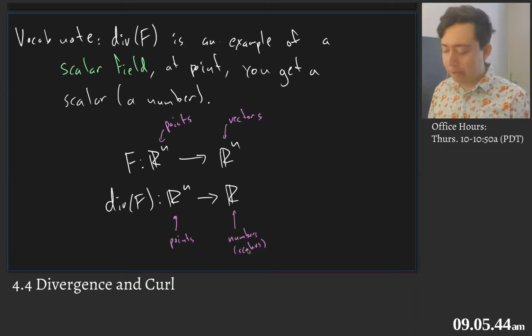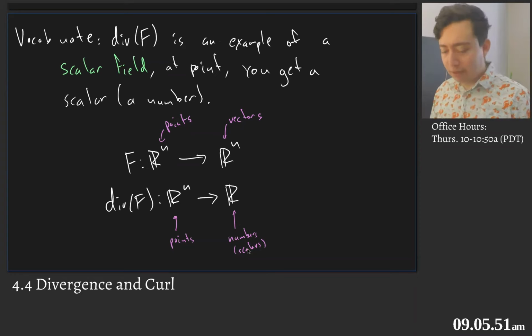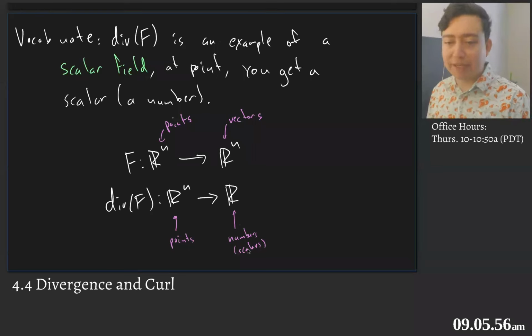So the divergence is a scalar field. At every point, you get a number, a scalar, which tells you how much it's compressing or expanding.